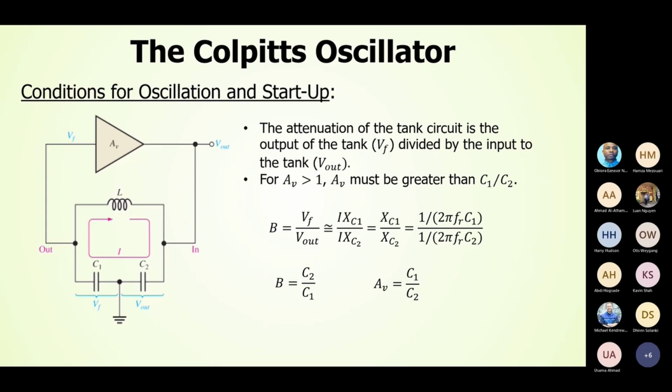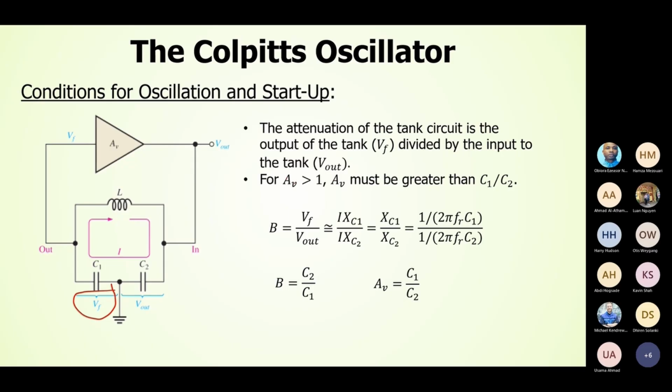As we have seen previously, we need oscillation to start, and in the oscillation startup, our overall gain should be greater than 1. The attenuation of the tank circuit is the output of the tank, VF. This VF is the feedback voltage that you pass to your oscillator.